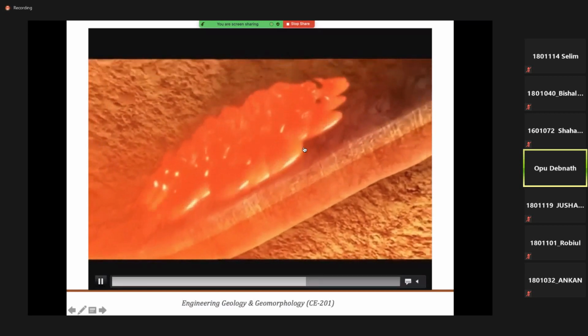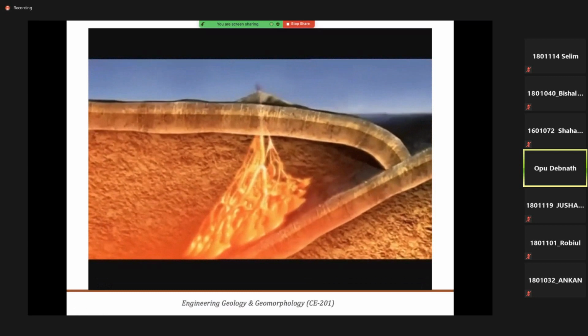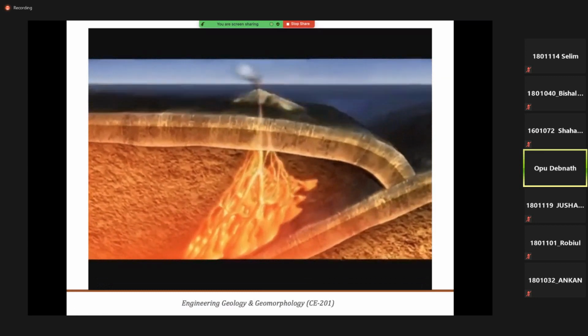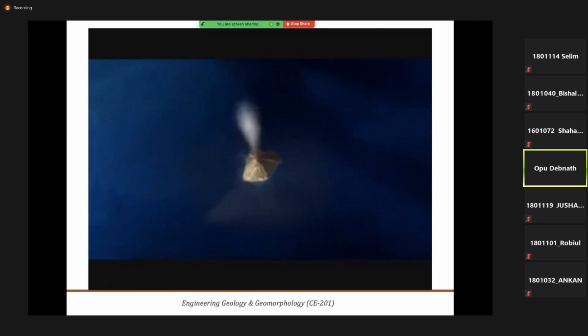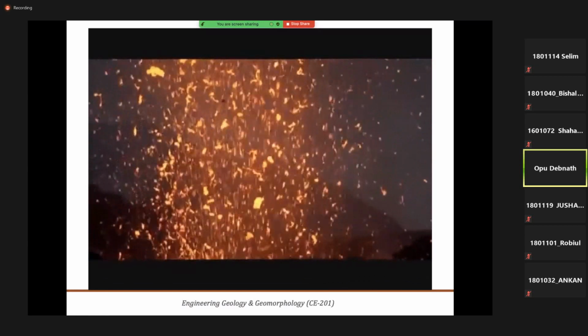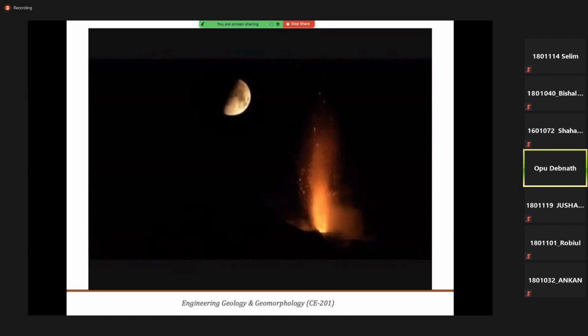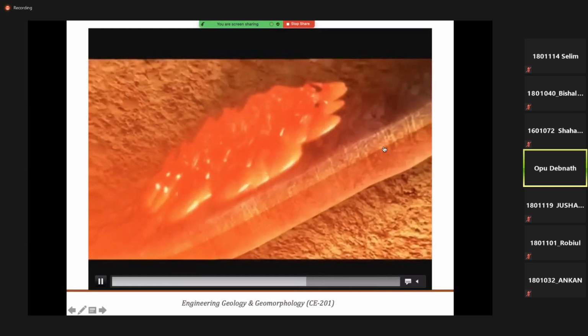In this process, it is also clear that in metamorphic or sedimentary rock formation, as we discussed, one geological layer may go inside the Earth's crust. So the question may arise, how can one layer move towards the inside of the Earth? From this video, this is the technique.